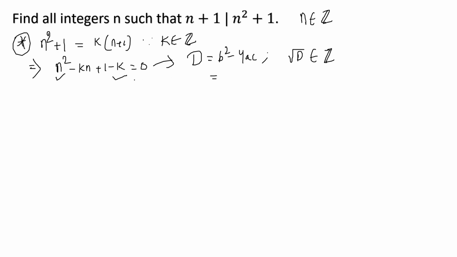So what is b square? K square minus 4 times 1 minus k times 1, or in other words, k square plus 4k minus 4. This must be a perfect square. That is what the problem states.